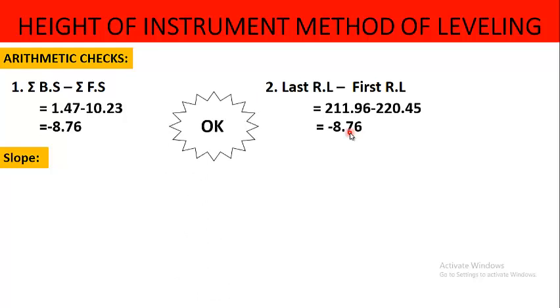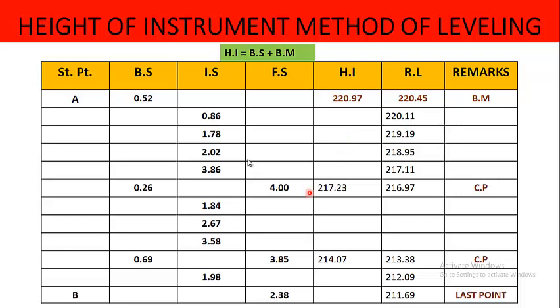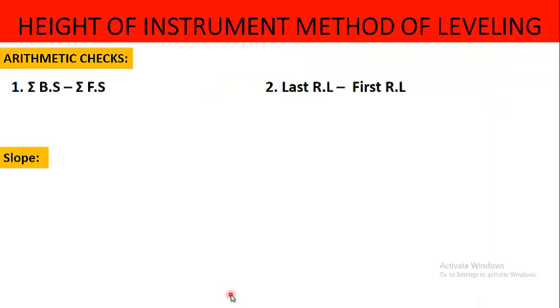The next part in the question was to find the slope. How to find the slope? To find the slope, we will have to know the total horizontal distance. As we know that we have taken the reading at consecutive interval of 30 meter, and the total number of readings we have taken, as we can see in this table, there are 1, 2, 3, 4, 5, 6, 7, 8, 9, 10, 11, 12, and the number of intervals will be 12 minus 1.